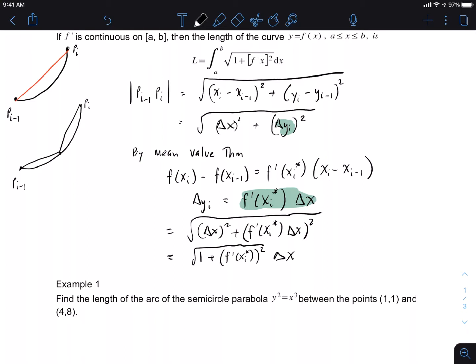But what's happening is we're moving closer and closer and closer to our p sub i. So that means that we have a limit that's occurring, correct?